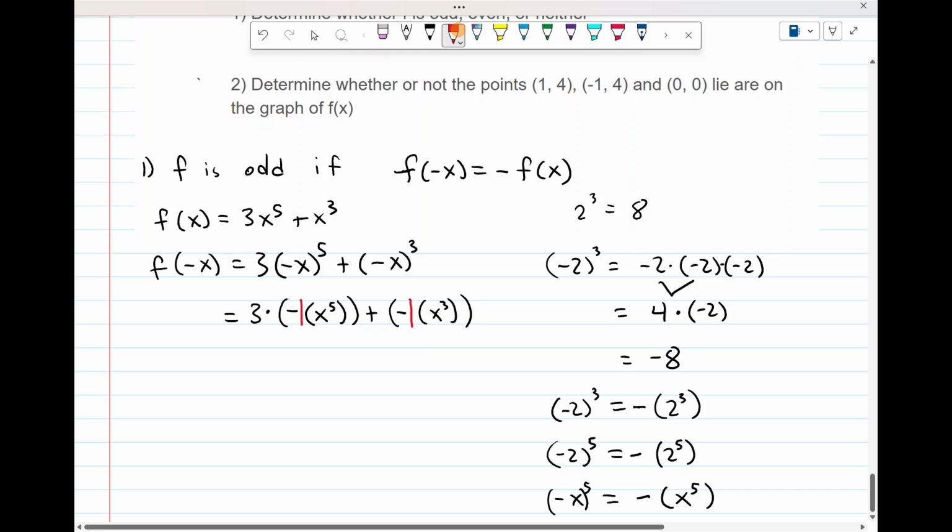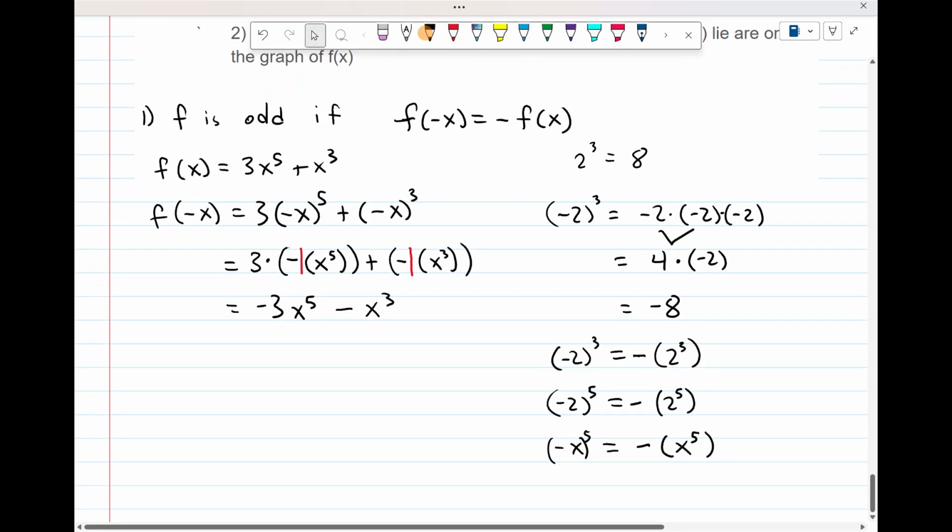So 3 times negative 1 is equal to negative 3x to the fifth. That's how that simplifies. And this becomes negative x to the third. All right, so that is what f of negative x is equal to when we simplify it.